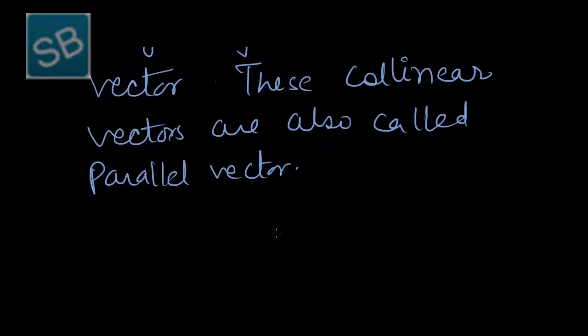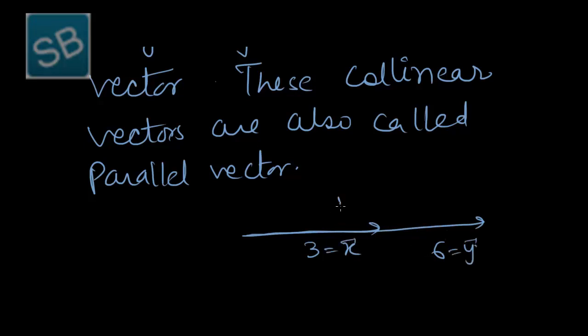So if vector x is moving in this direction with magnitude 3 and vector y has a magnitude 6 in the same direction, then it becomes collinear. This is vector x and this is vector y, so these vectors are in the same direction.